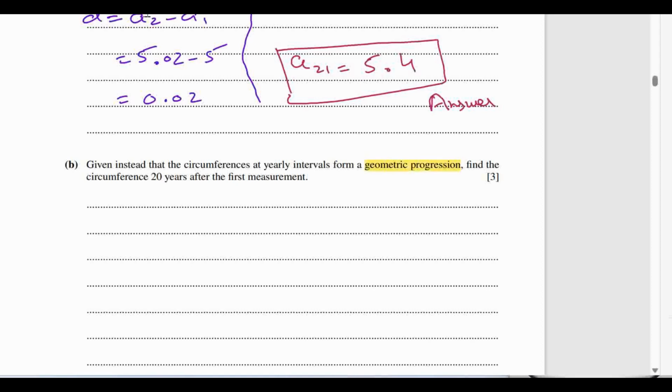So we can write it as A1 is 5 and A2 is 5.02. Now as we know, the ratio for the geometric progression is equal to A2 by A1, which means 5.02 divided by 5.